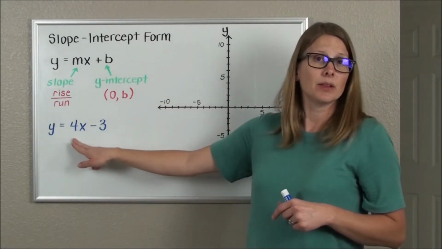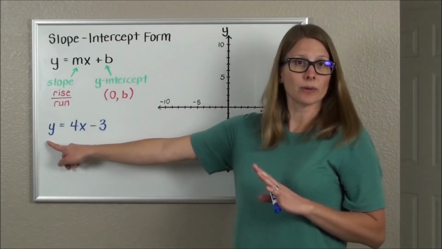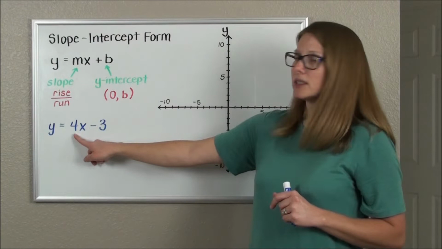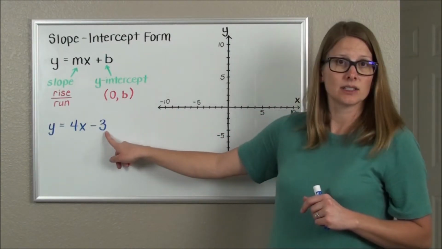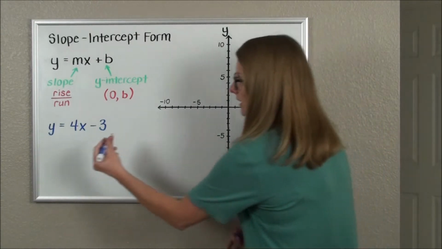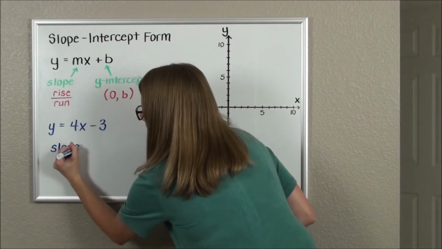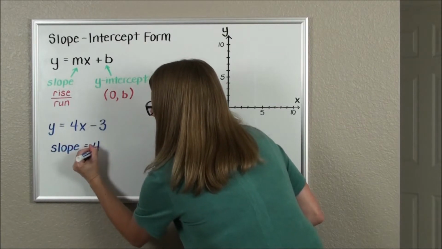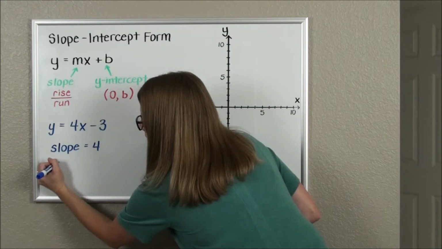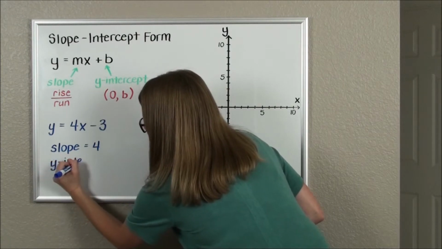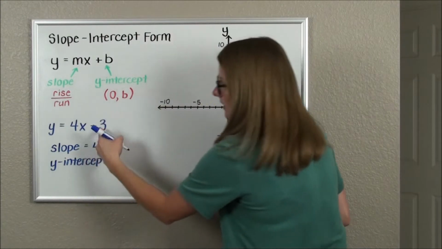So here's an example of a linear equation written in that slope-intercept form. y is already isolated by itself, and you can see the coefficient on the x here is 4, and the constant term is -3. Just at a glance, I can see that the slope of this line will be 4, the coefficient in front of x, and that the y-intercept is this -3.